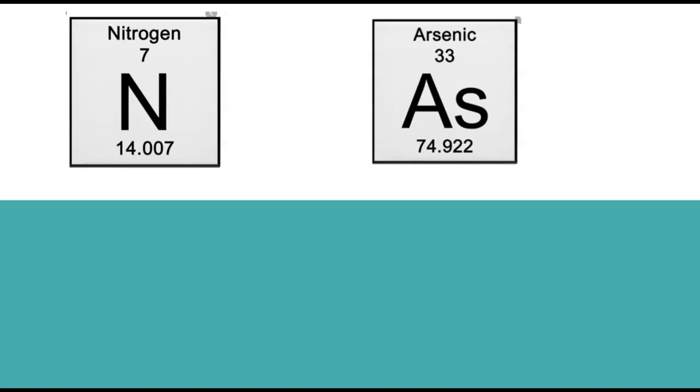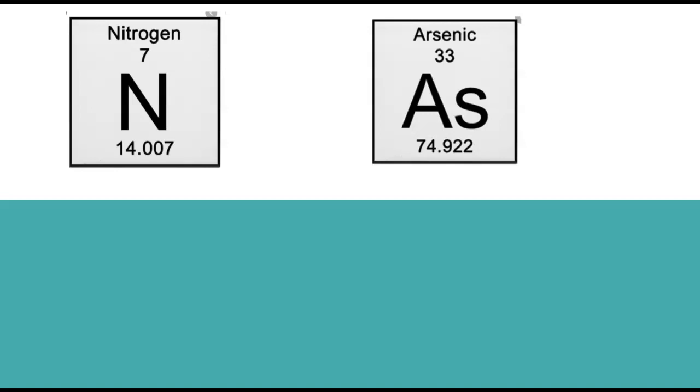And so we know that the number of protons plus the number of neutrons plus the number of electrons will be the atomic mass. And just as a reminder, electrons are so small they have no mass. So we can essentially say that the number of protons plus the number of neutrons equals the atomic mass.